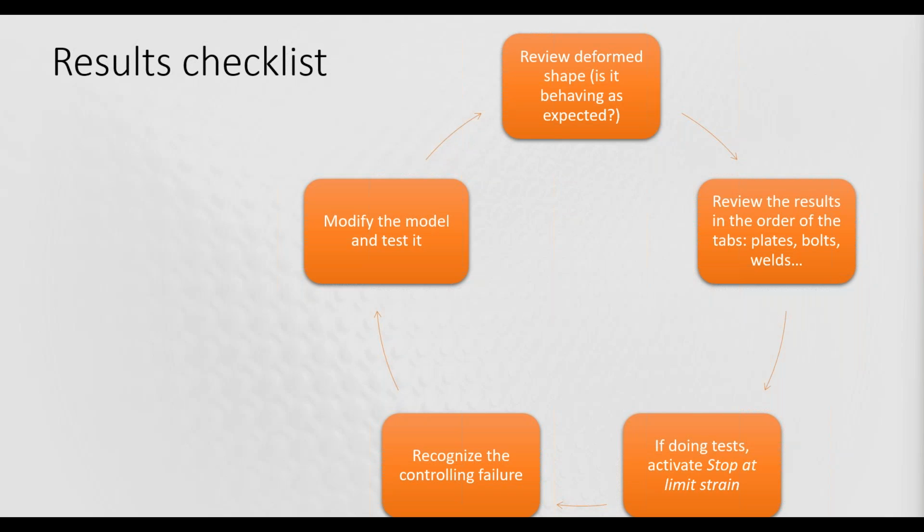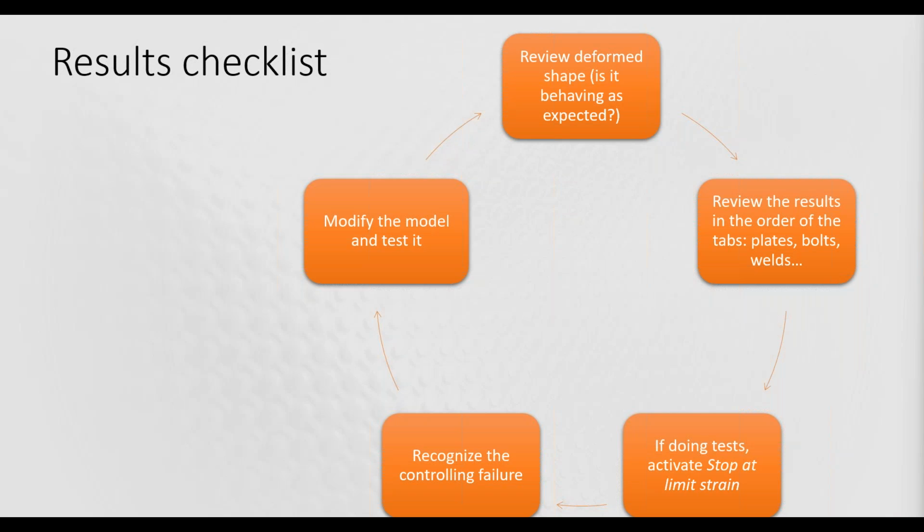I will always recommend to review the deformed shape and ask yourself, is it behaving as you were expecting, right? Then after you see that you have a correct deformation, you can go and review results in the order of the tabs. I will show you that.